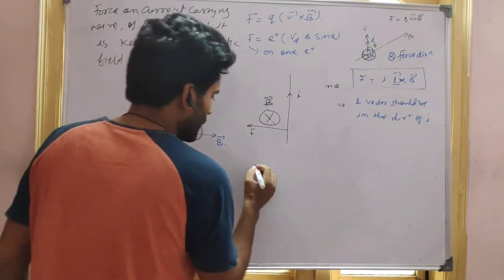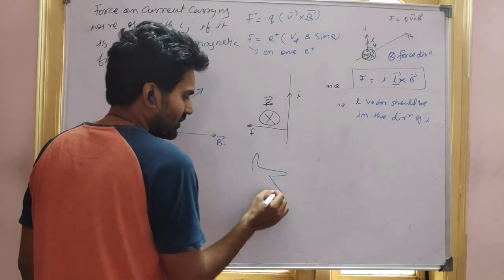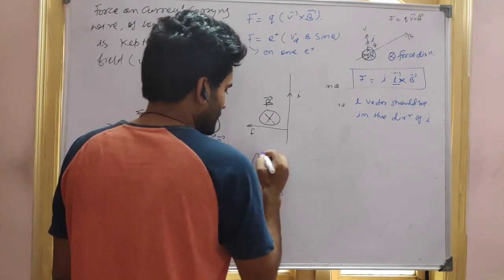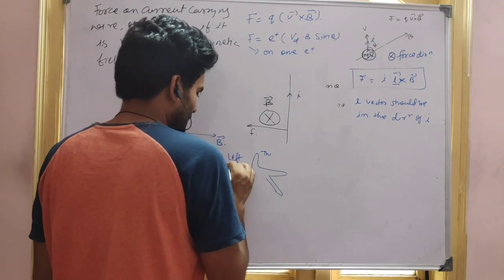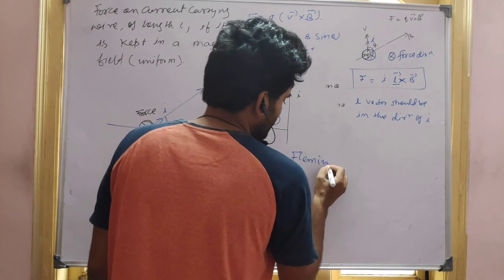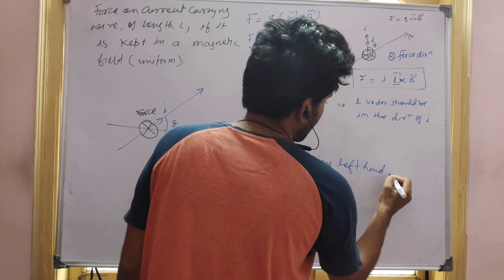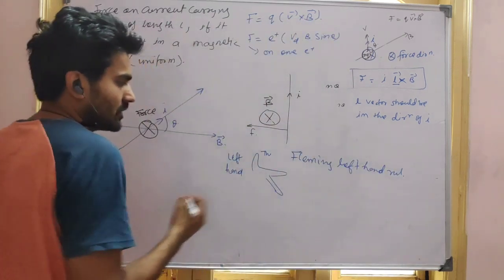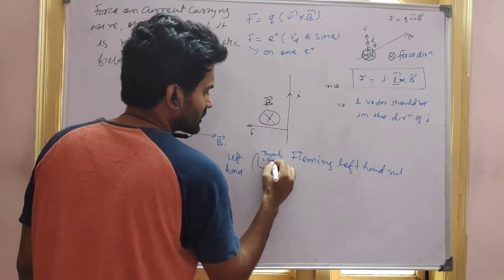So if you take the thumb, the index finger, and the middle finger of the left hand, this is Fleming's left hand rule. The thumb will show the force.